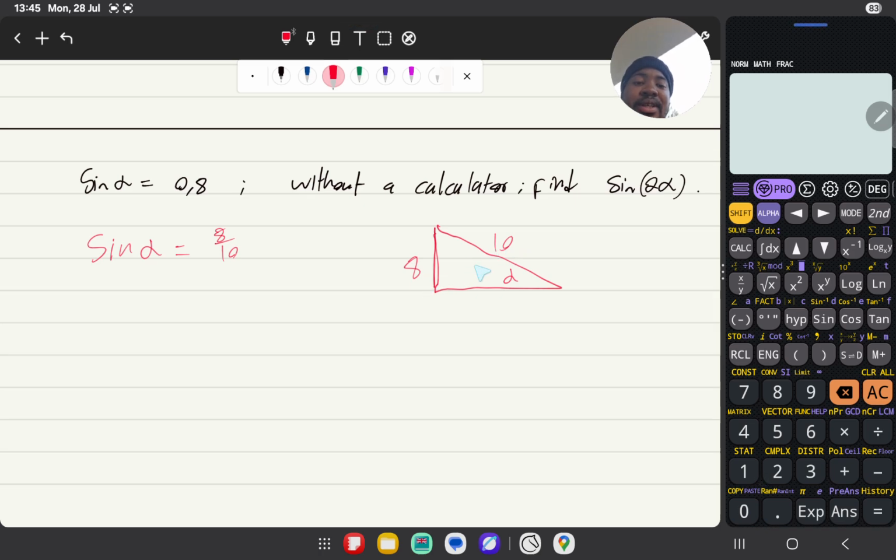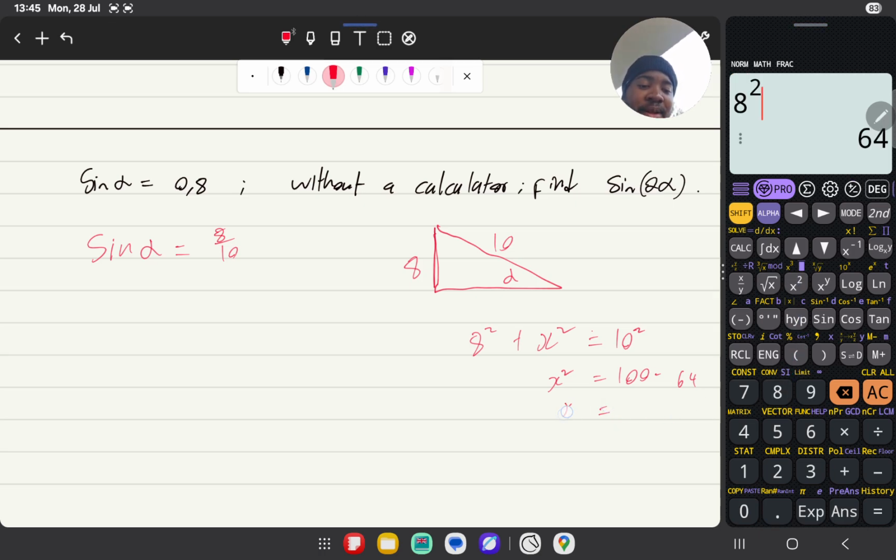Right, and then to find this side, you can do Pythagoras. Let me do it: 8 squared plus x squared equals 10 squared. So x squared is 100 minus 64, 8 squared is 64, right?